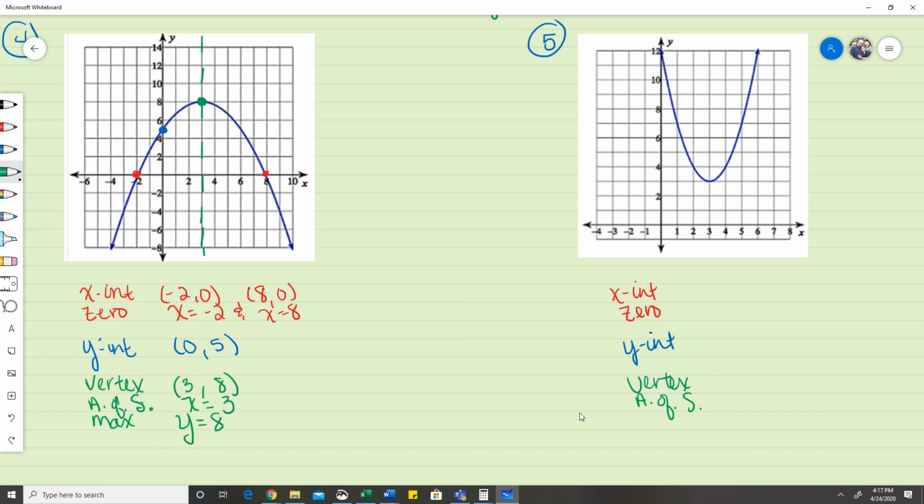If we look at our last example, number 5, our y-intercept, our x-intercept. Well, here's our x-axis. There is no x-intercept. This is one that never crosses the x-axis. It never even touches it. So for our x-intercept and our 0, we could just say there are none. Now we do have a y-intercept. It crosses the y-axis way up here at 0, 12.